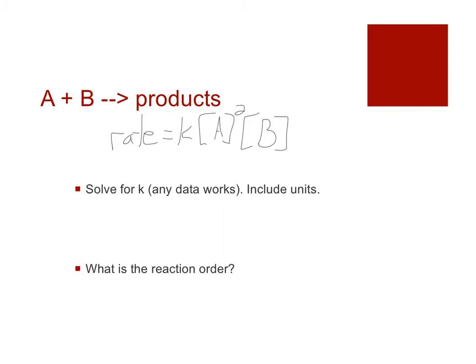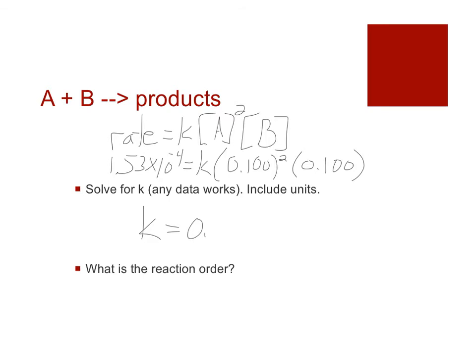So in the very first trial, the rate was 1.53 times 10 to the negative fourth equals k. A was 0.1 squared, and then B was also 0.1 for this trial. Coincidence, not necessarily always the case. So we solve for k. And k comes out to be 0.153.